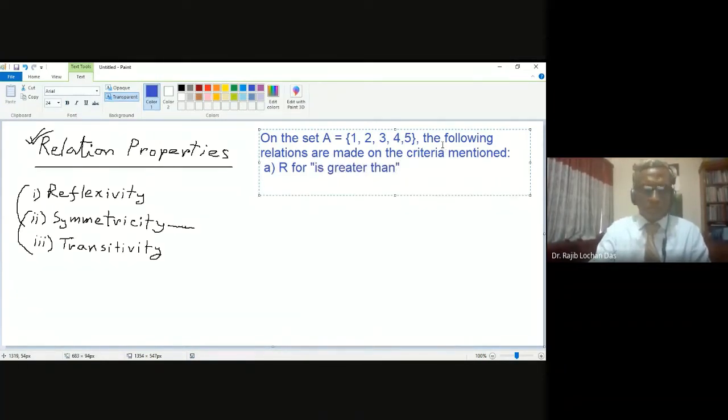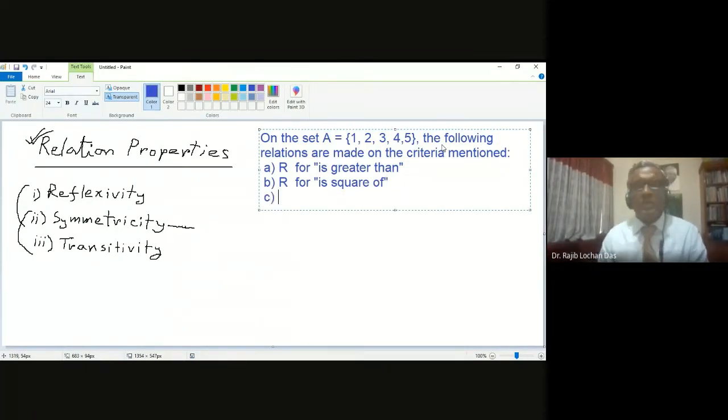Another one I will write as R2, so R2 will be another criteria, "is square of", say this thing.